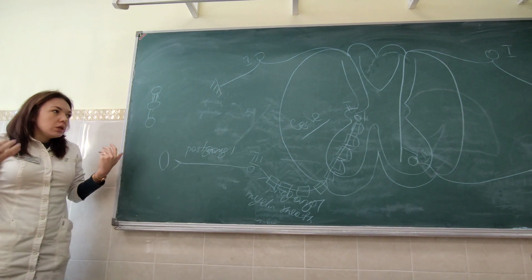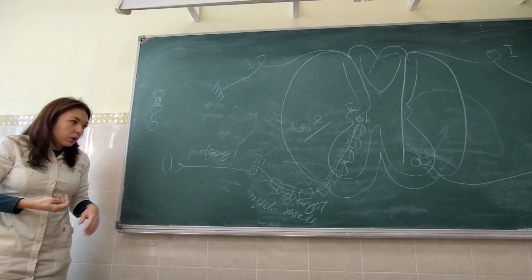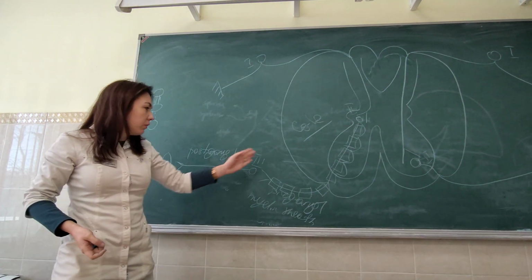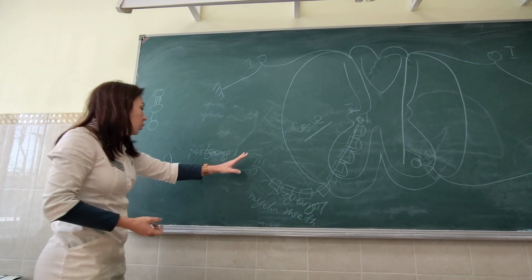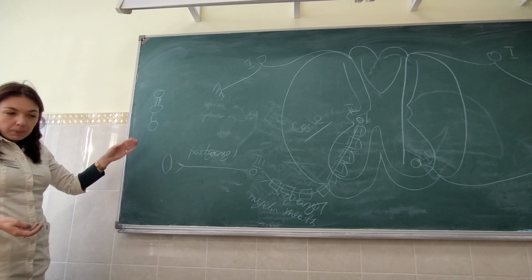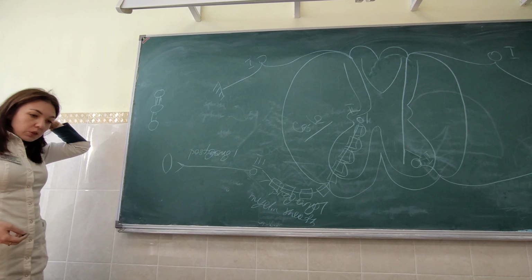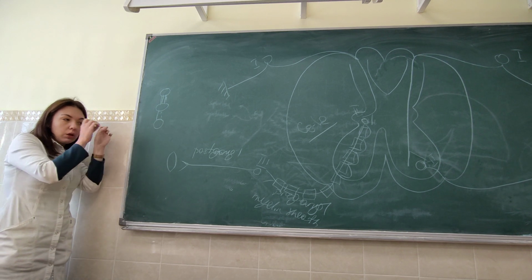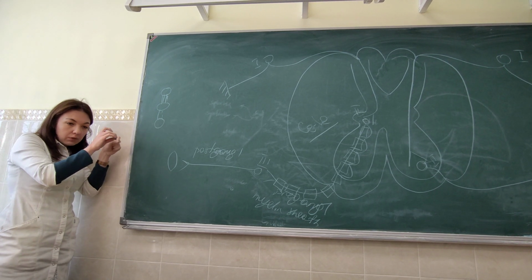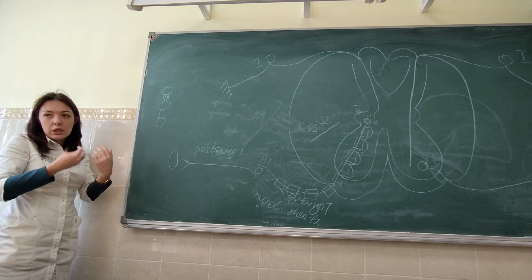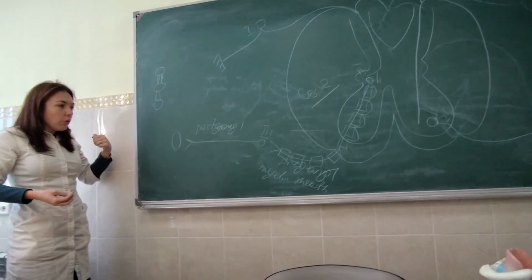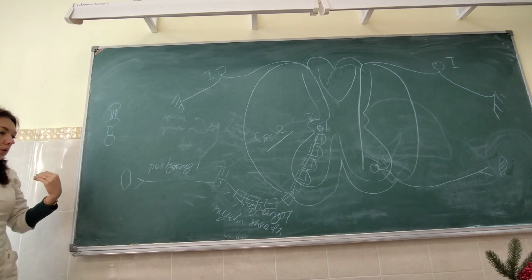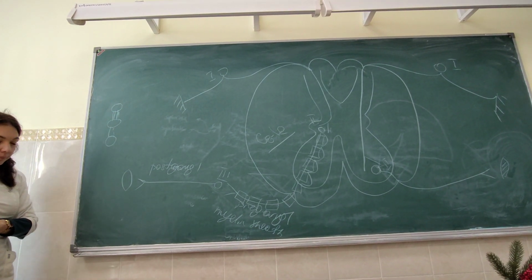The sympathetic chain is located close to the spinal cord, so preganglionic fibers in the sympathetic nervous system are much shorter than postganglionic. For the parasympathetic nervous system, ganglia are located very close to the organ which they supply, or even inside the wall of this organ. So for the parasympathetic nervous system, preganglionic fibers are longer than postganglionic.